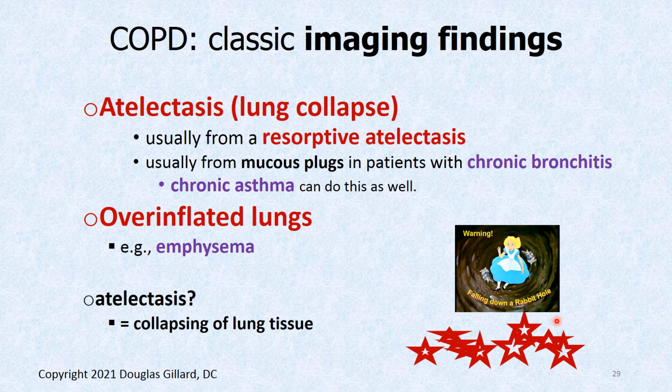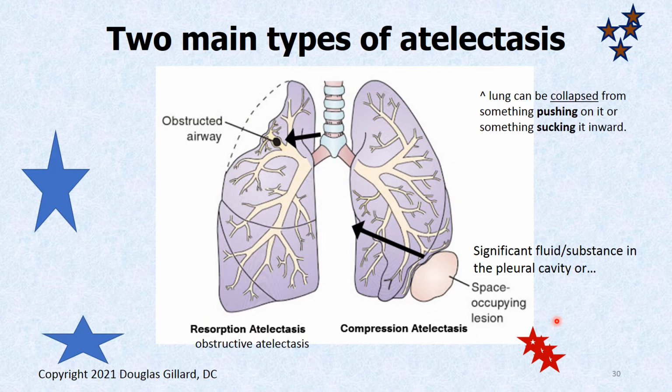Other findings are overinflated lungs. Think emphysema, and we'll look at that real quick. So atelectasis is a collapsing of lung tissue. Let's look at the two types. Now we've talked about a pleural effusion, right? Because we know that the chest wall has the parietal pleura around it.